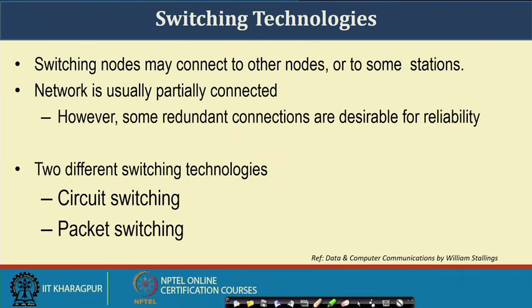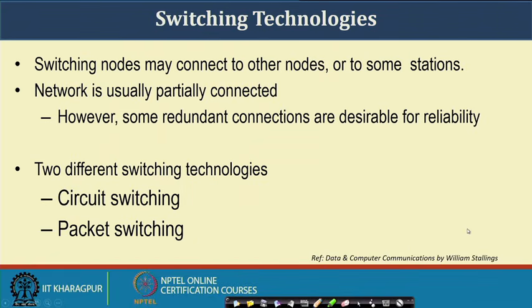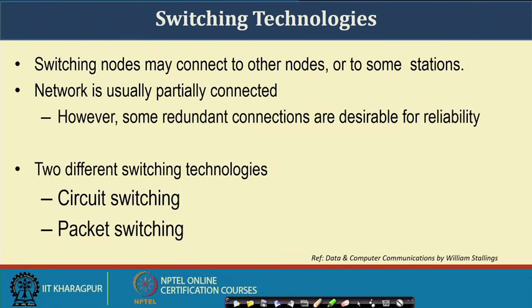I could have only this path for B to D, but there can be redundant paths for reliability. If 5 goes down, I could have gone 1, 2, 3, D. If 4 goes down, this path is also possible. So, there can be multiple paths, right.